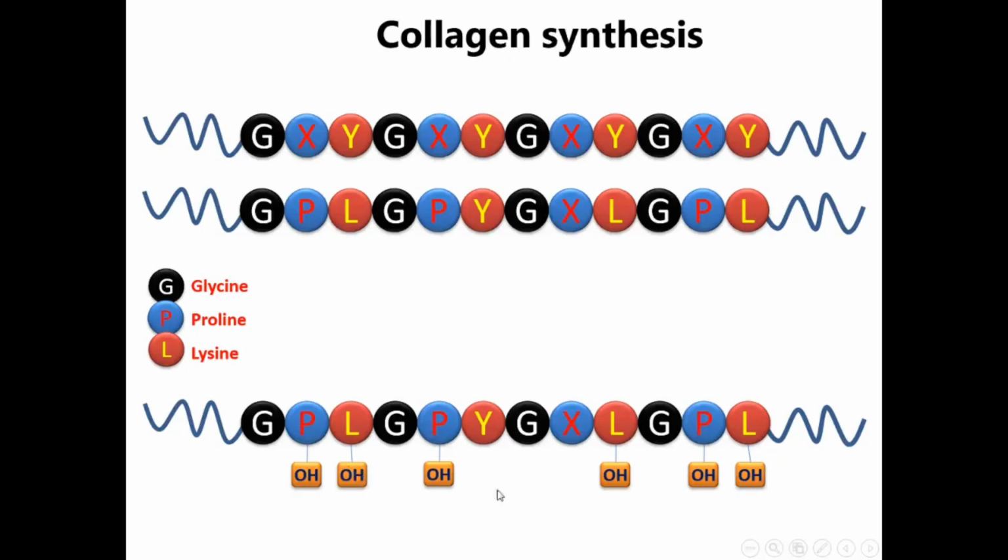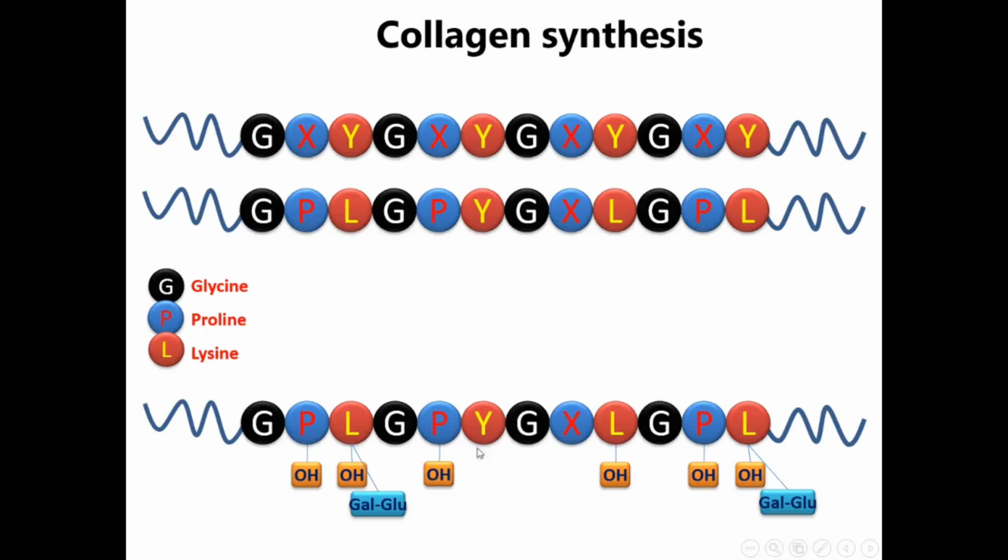We call this step hydroxylation. After this step, we have glycosylation, adding sugar to some hydroxylysines. You can see some carbohydrate added to some hydroxylysines. Some of them are free of carbohydrates.